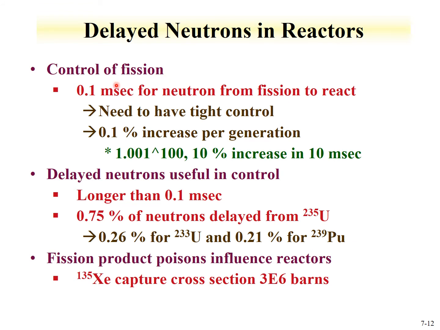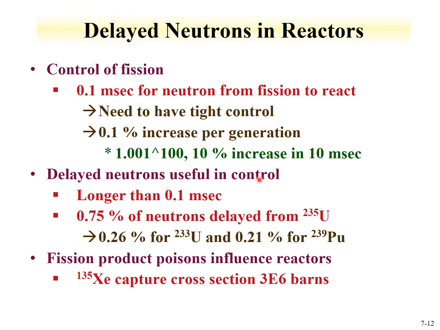One needs to have somewhat tight control on this, because even if you went for a tenth of a percent of an increase per generation, you would have a 10% increase in 10 milliseconds. So you would basically need 100 generations for that, but it happens so quickly that in 10 milliseconds, you could quickly add 10% more energy, 10% more heat to a reactor without this control.